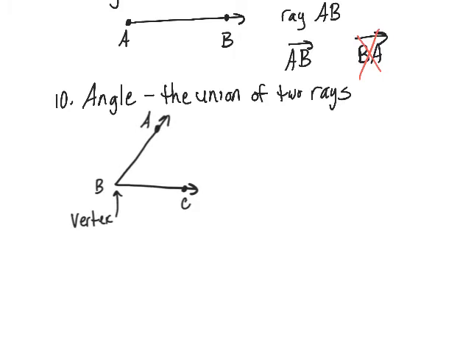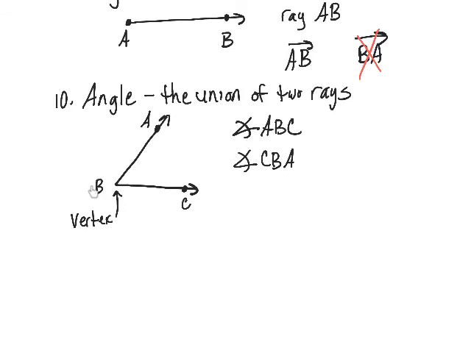And we can label this angle several different ways. I can label it with 3 letters because I have 3 letters here. So I could label it angle ABC, or I could go in reverse, angle CBA. But you have to go in order, and the vertex letter has to be in the middle.